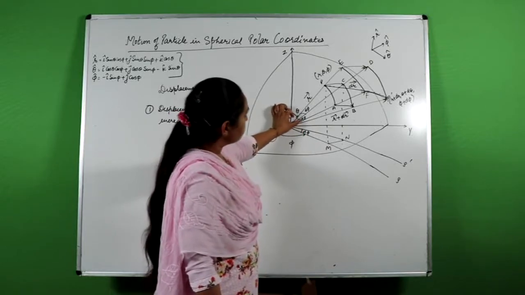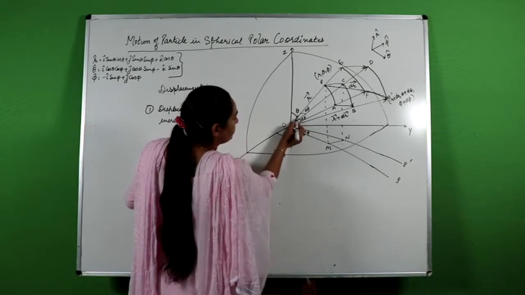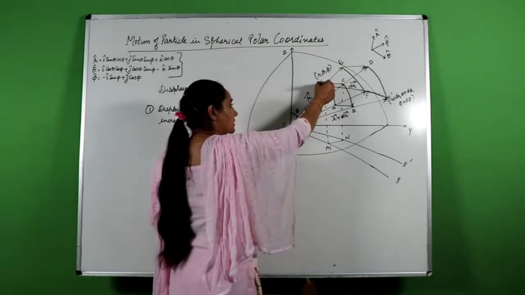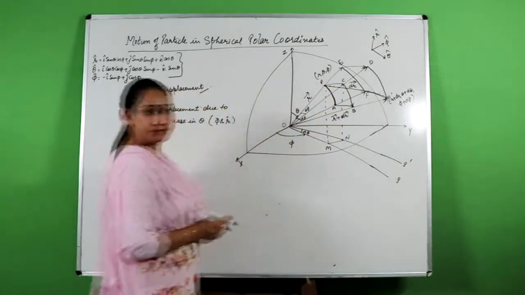This displacement is linked to the angle d theta, the total moved angle, so the displacement linked to it will be PA.